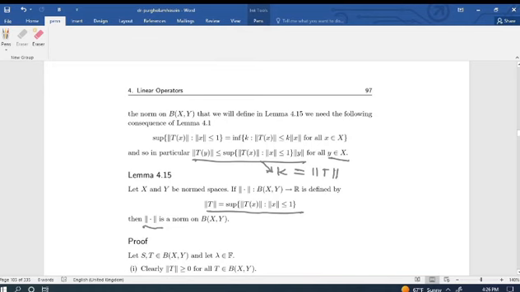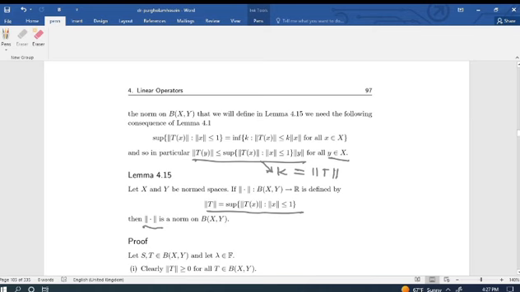We have this equation, and also this inequality: the norm of T(y) is less than or equal to the supremum times the norm of y. So if we call the norm of T the supremum, it will be a norm. This fact is in the next lemma.